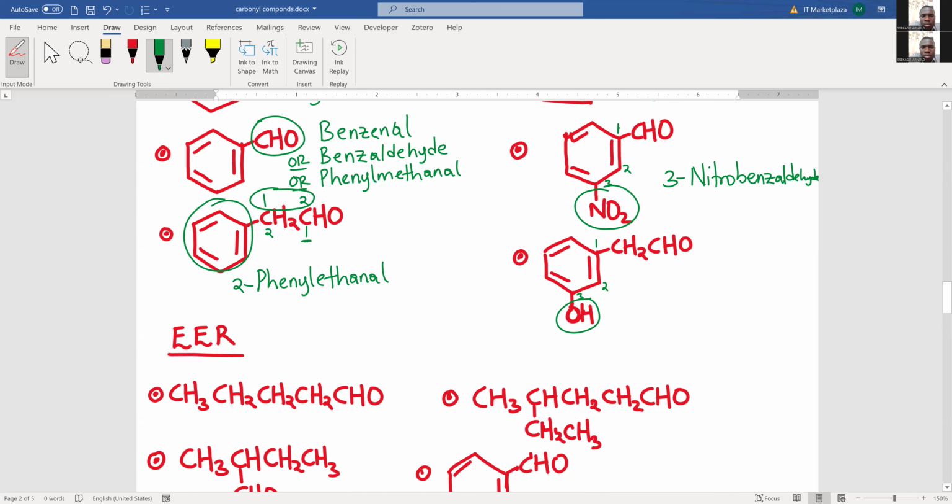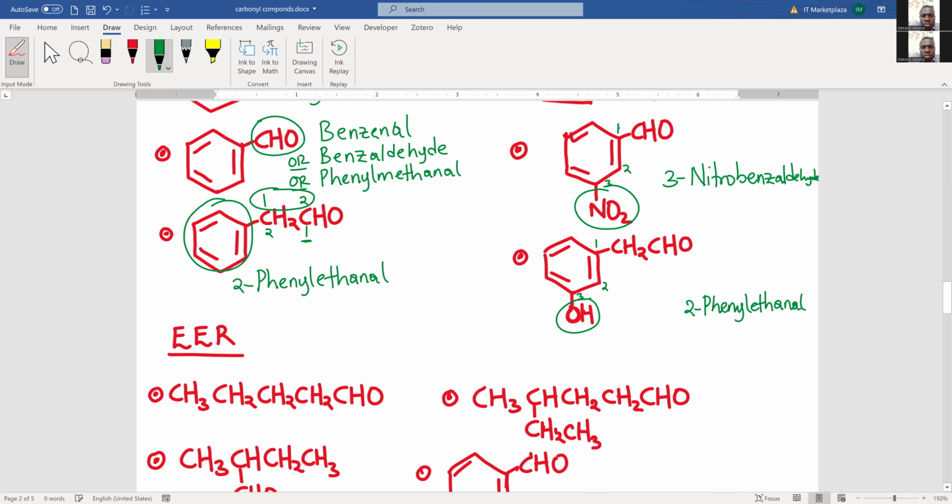Without OH, it is 2-phenyl ethanol, from the example before.